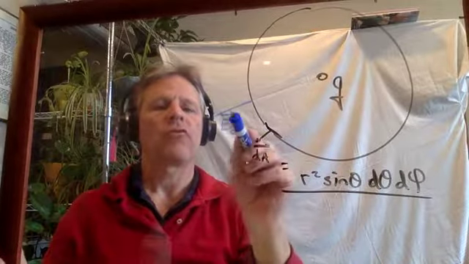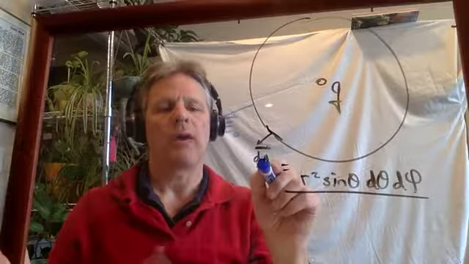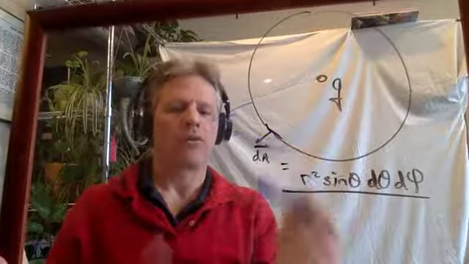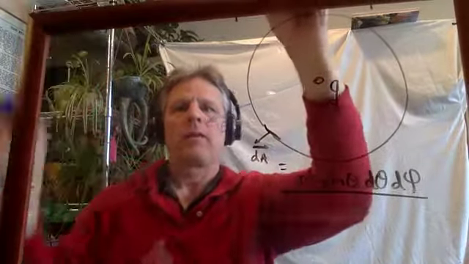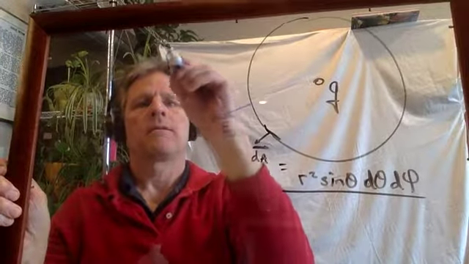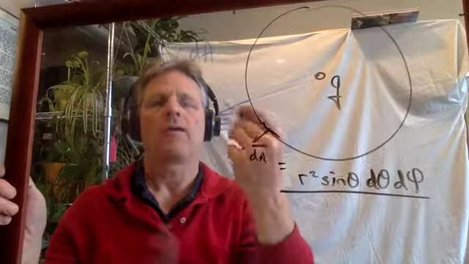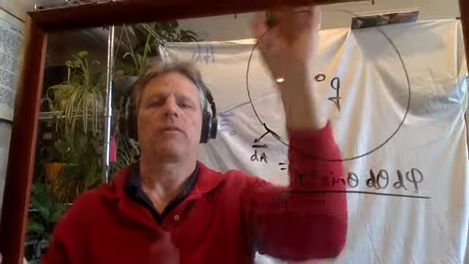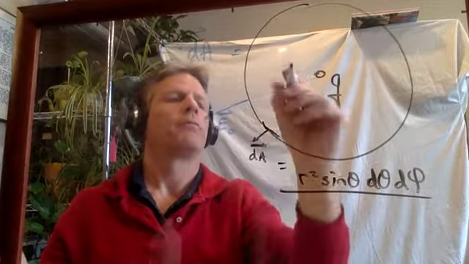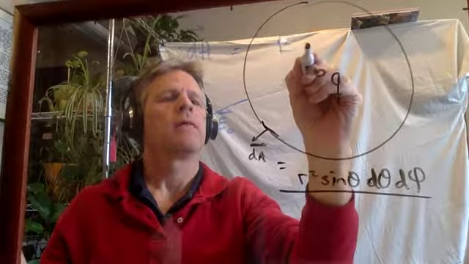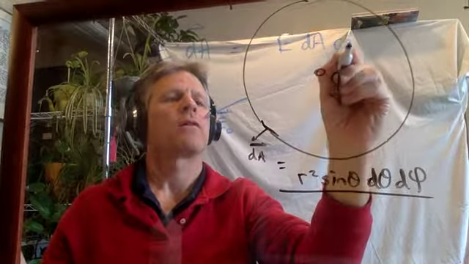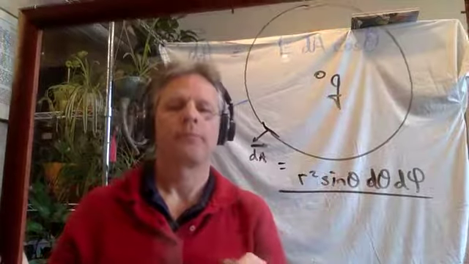And so the relationship between this E and dA is always going to be the same. And you will also recall that E dot dA, that is the dot product of any two vectors, is going to equal E dA cosine theta.